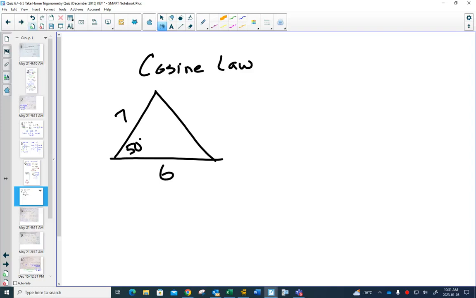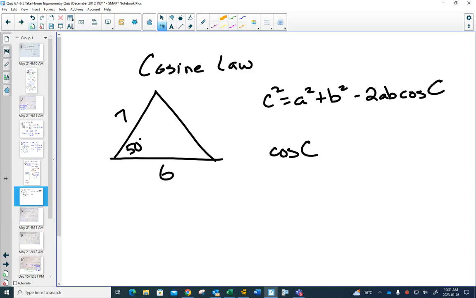The cosine law appears in 2 different ways. It looks like this, and both of these ways are on your formula sheet. Or it looks like this. And what is important is not what the letters are and labeling letters on your triangle.